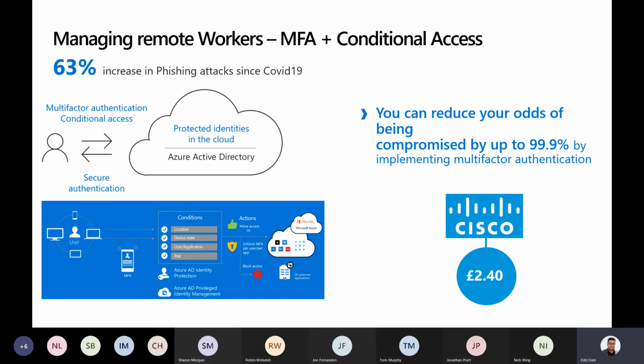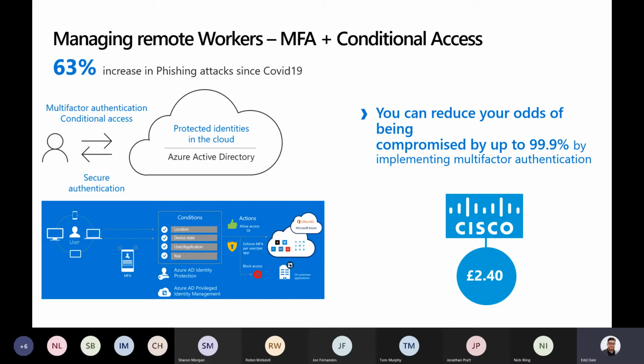And by implementing multi-factor authentication, as you can see on the screen, you can reduce your odds of being compromised by up to 99.9%. And then tying that into things like conditional access, as some of you will remember, we spoke about how it monitors you as a user and builds up a profile about how, when, and where you use your device.